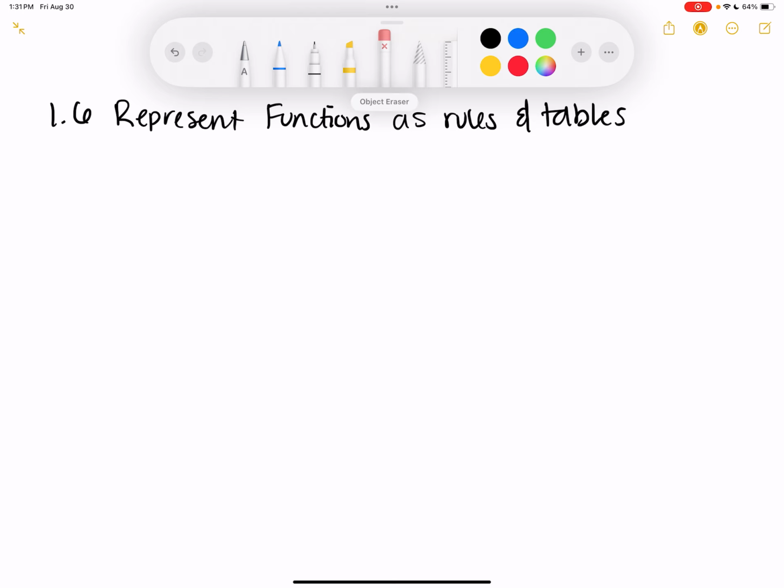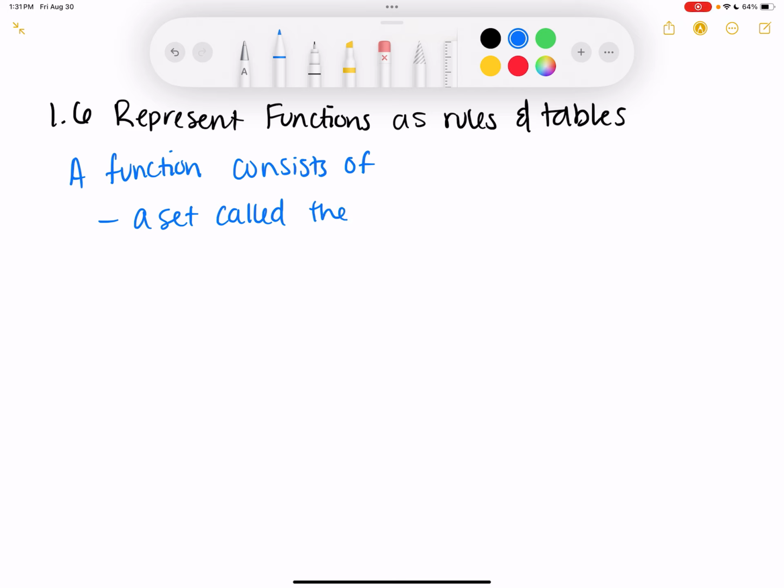A function consists of a set called the domain, containing numbers called inputs.